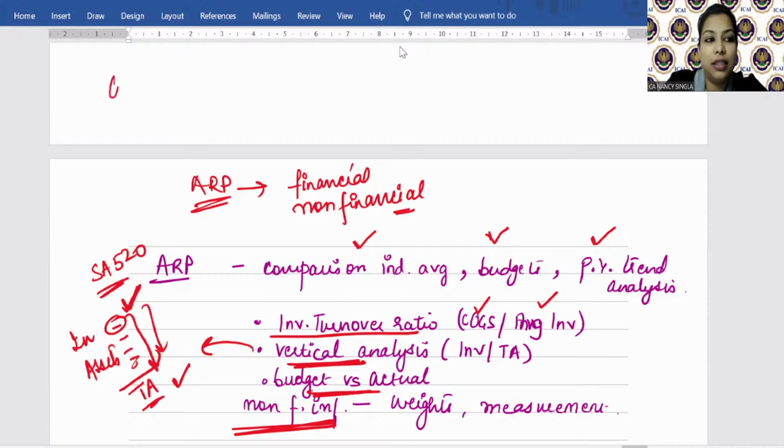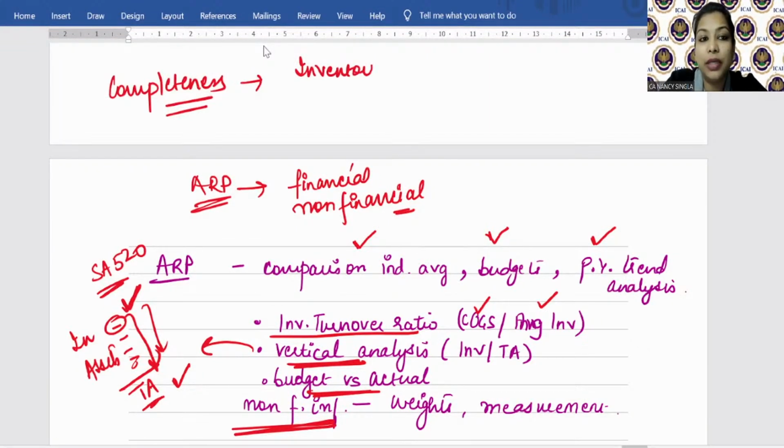See, just consider, when the auditor is considering completeness, so Kanhaiya, this is with respect to your doubt. The auditor is performing certain vertical analysis, whereby I told you he'll be calculating inventory by total assets. Now let's say if he compares it with the last year, there has been a decrease in this ratio.